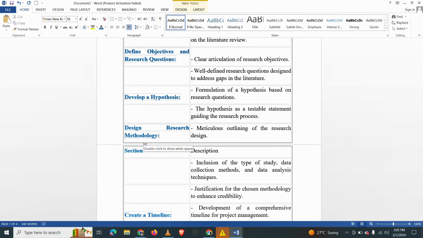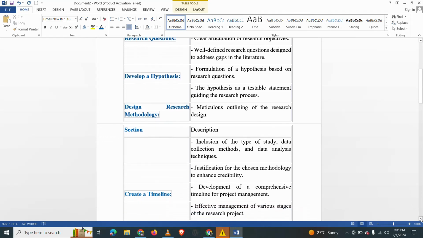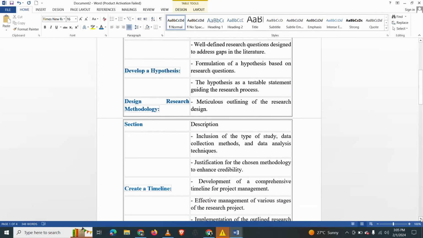A justification for these choices is provided to enhance the credibility of the research methodology. So here you talk about the methods you are going to use to collect your data that you're going to analyze later on in the data analysis section.